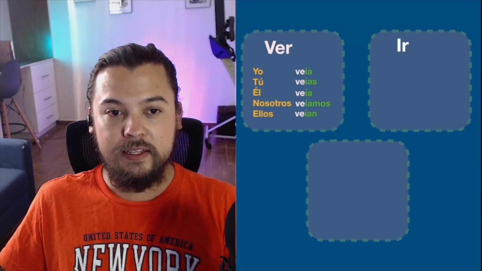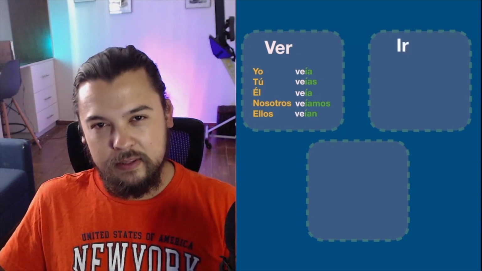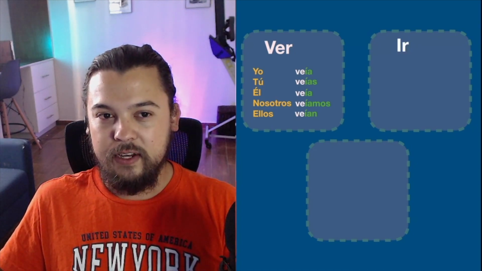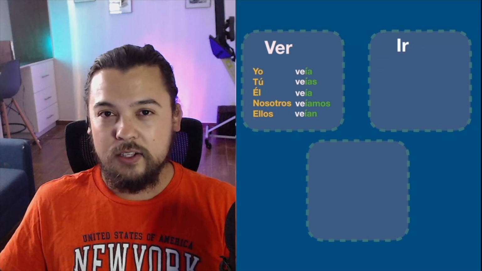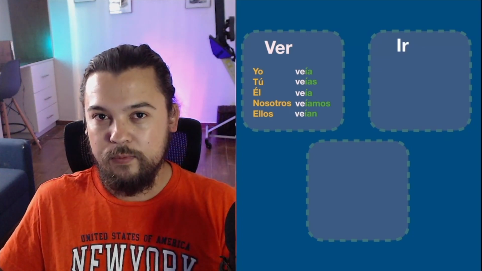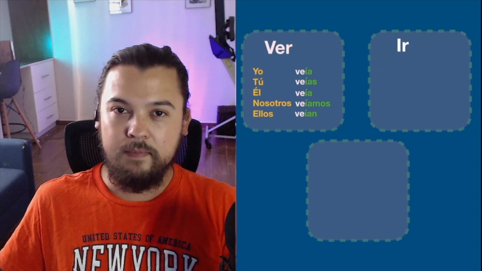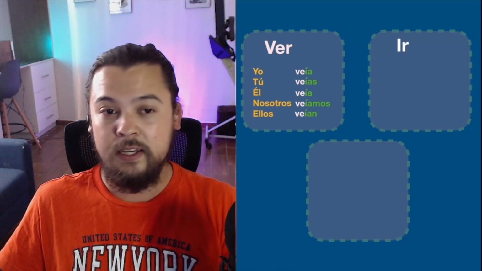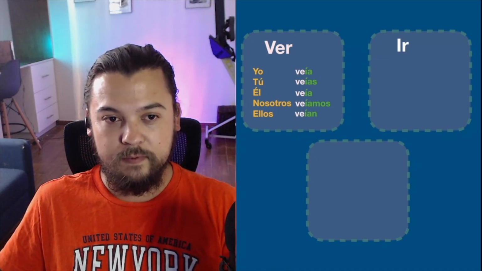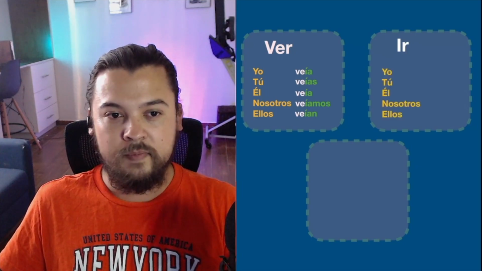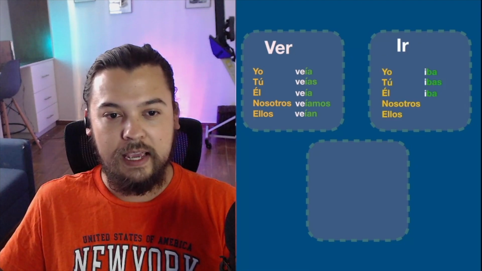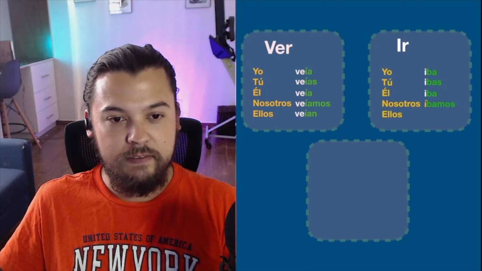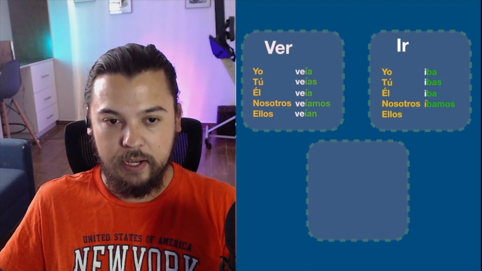The second verb is the verb ir. This one is always different in every single conjugation because ir is only two letters. You cannot just remove them and have the endings. No, you have to add something. So when it comes to the imperfect with the verb ir, you will have yo iba, tú ibas, él iba, nosotros íbamos, and ellos iban.